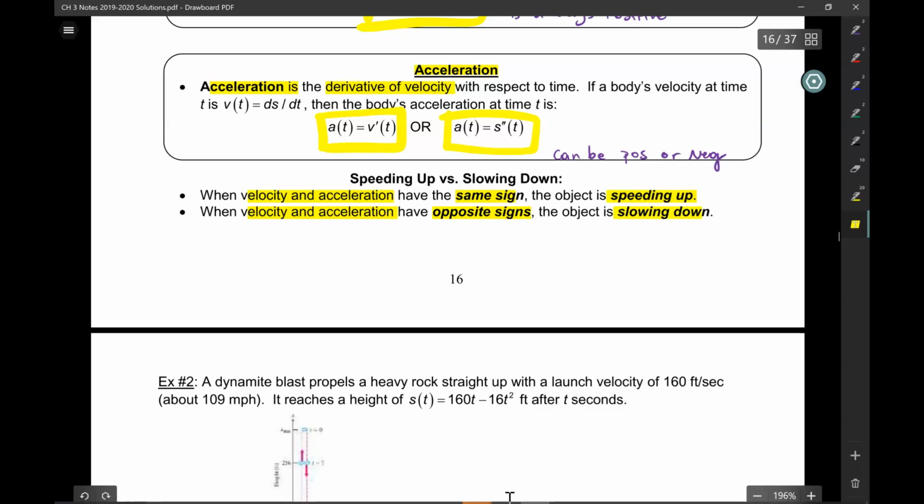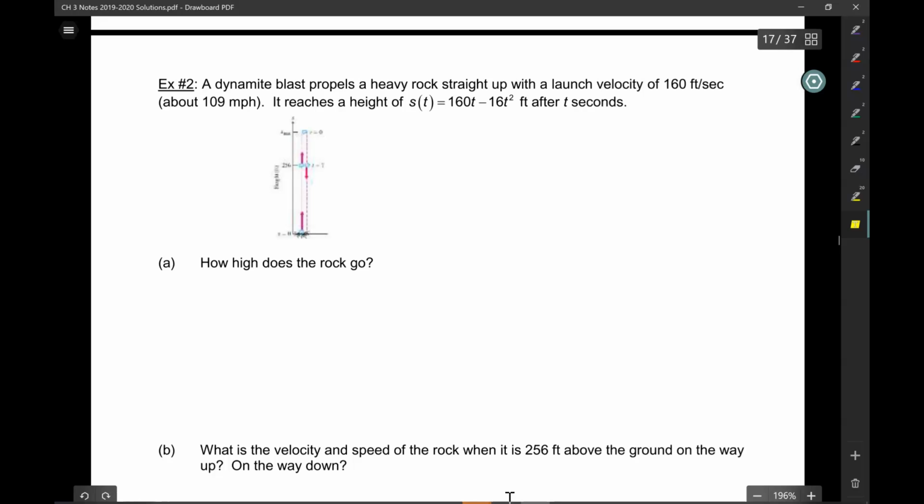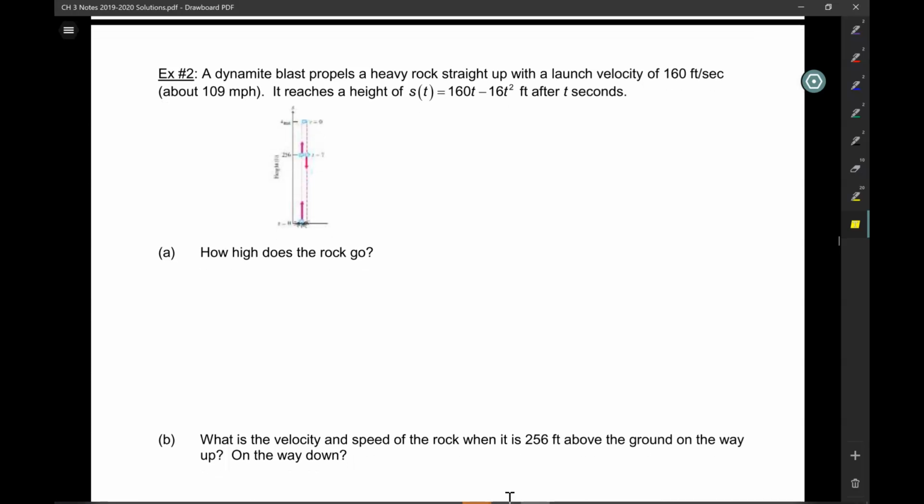A dynamite blast propels a heavy rock straight up with a launch velocity of 160 feet per second. It reaches a height of this after t seconds. So this is your s of t. Those of you taking physics, this is the equation for free fall, right? In feet, it's negative 16 t squared.